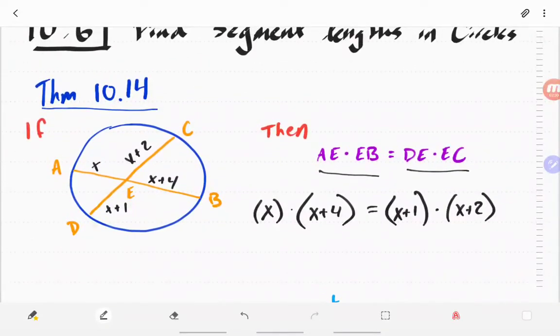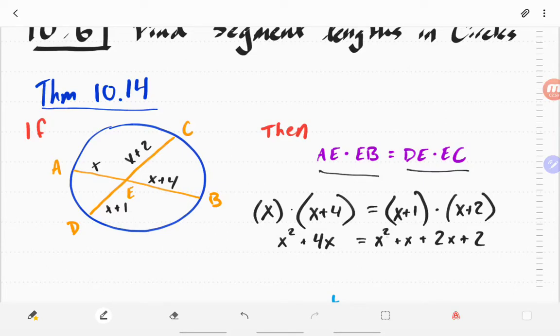Now, whenever we do our multiplication here, we see that we end up with X squared plus 4X equaling, well, we have to do a bunch of distribution over here. That's X squared plus X plus 2X plus 2, which is X squared plus 3X plus 2.